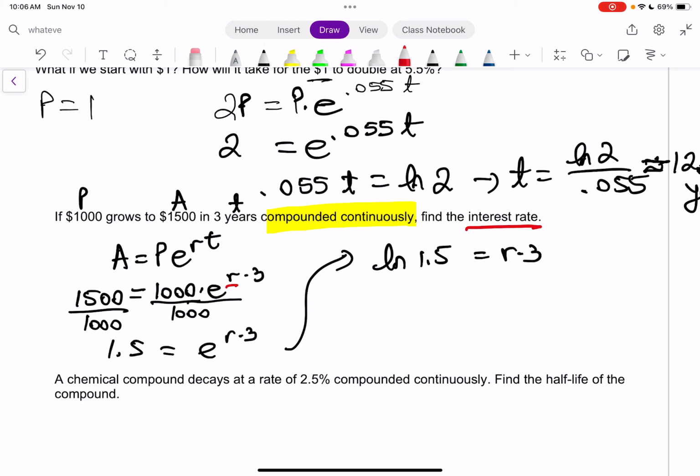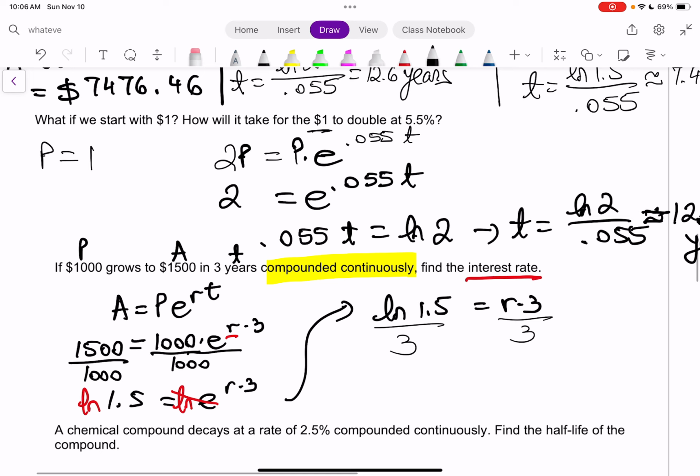So again, I'm logging both sides with a natural log. That makes the natural exponential function go away. And so the last thing to do here to get to r is divide by this 3. So whether we know the rate and want to find the time, or know the time but want to find the rate, it's the same exact process.